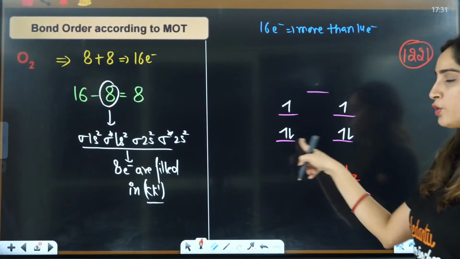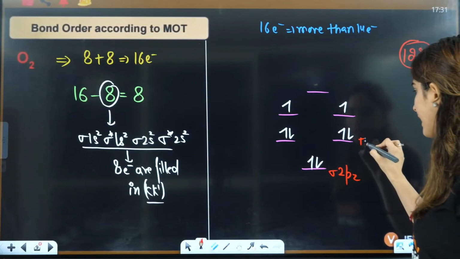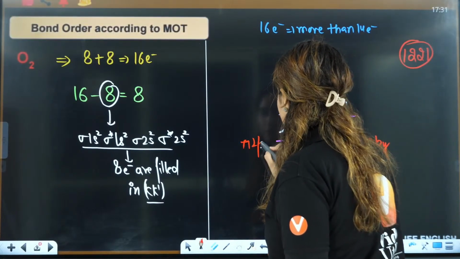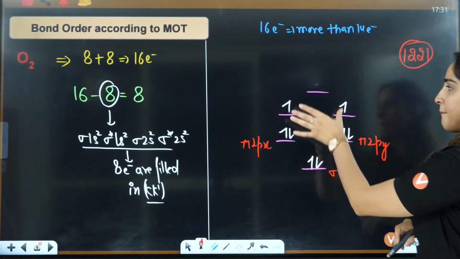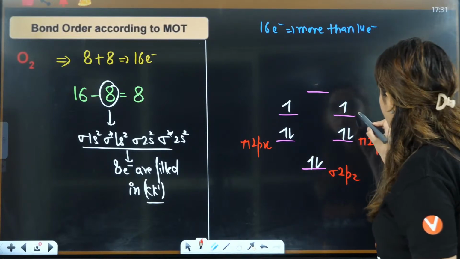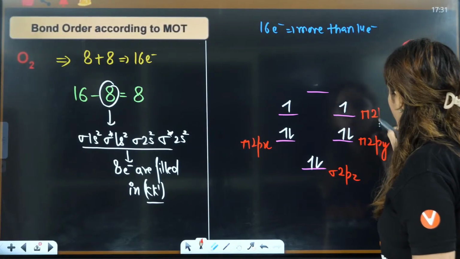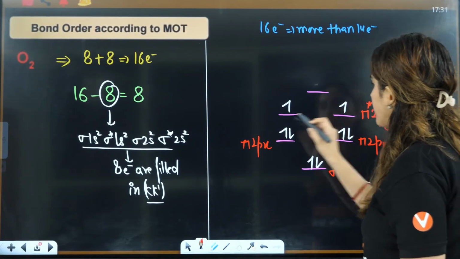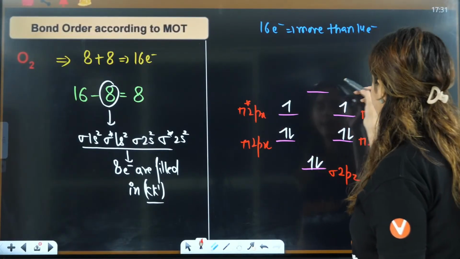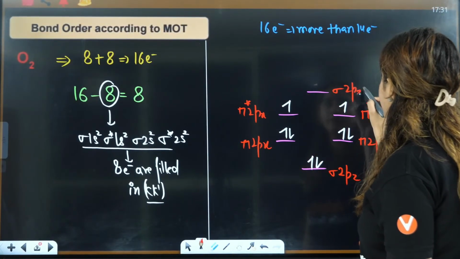And when you have 2 degenerate, that will be pi 2px and pi 2py. Now the upper ones will be the antibonding. So this will be pi 2py star, this will be pi 2px star, and this will be sigma 2pz star.